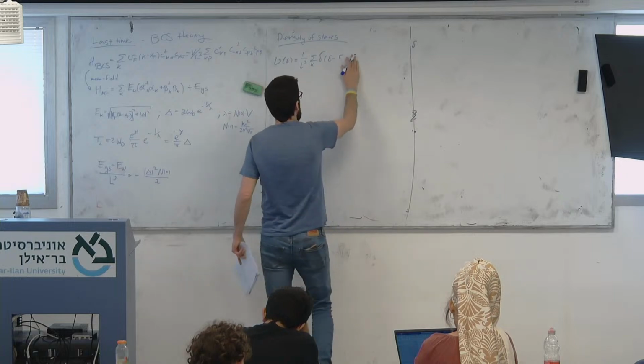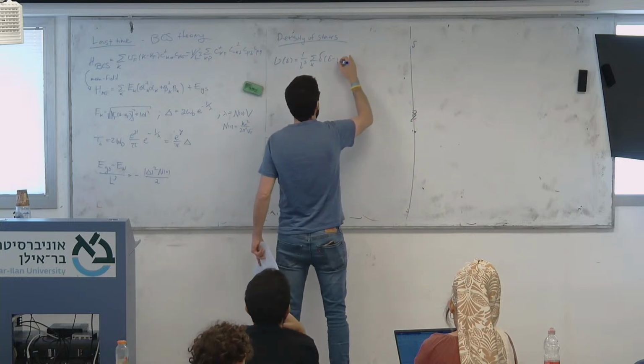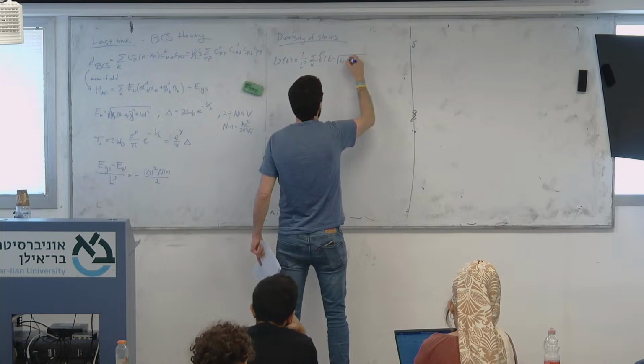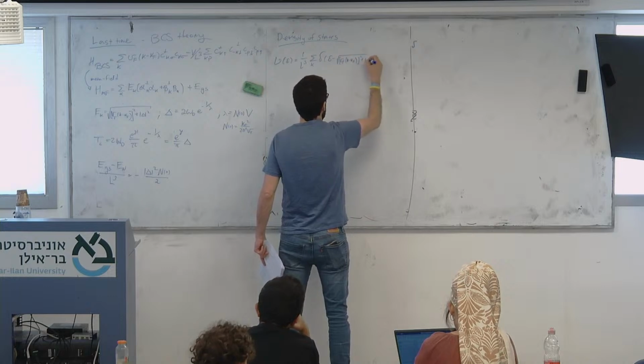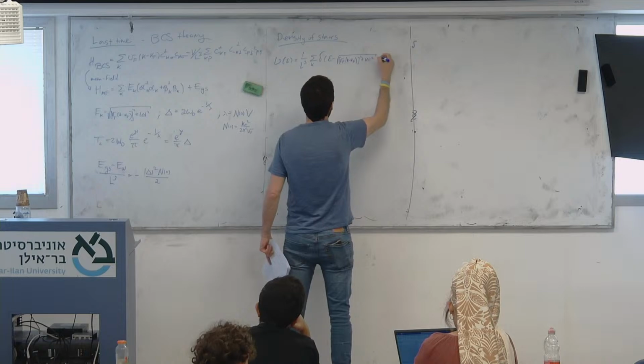Let me write this as square root of (vF (k minus kF)) squared plus delta squared.